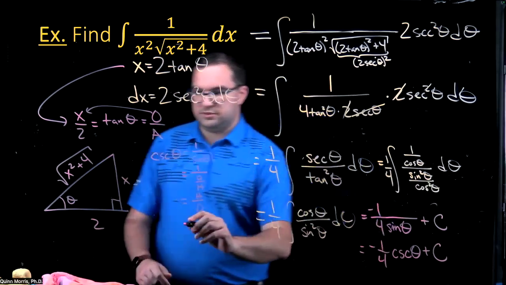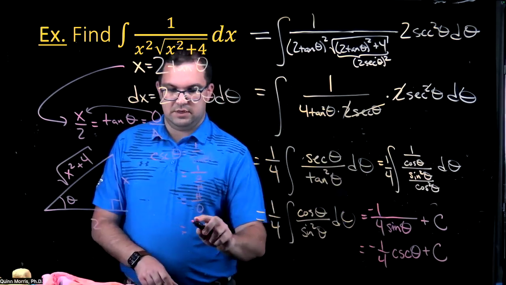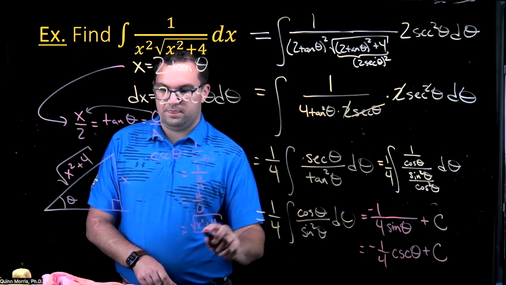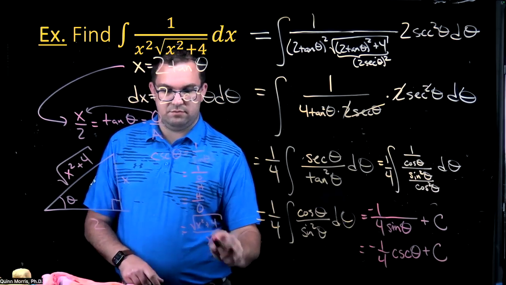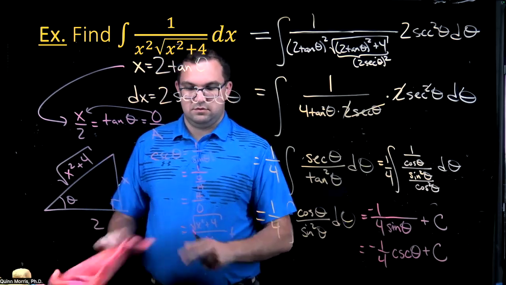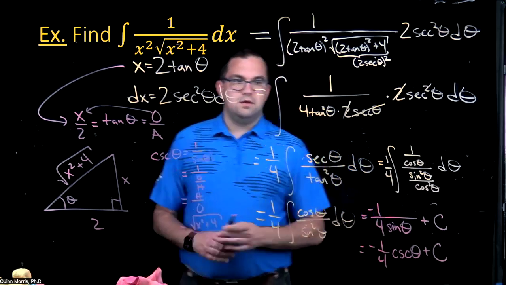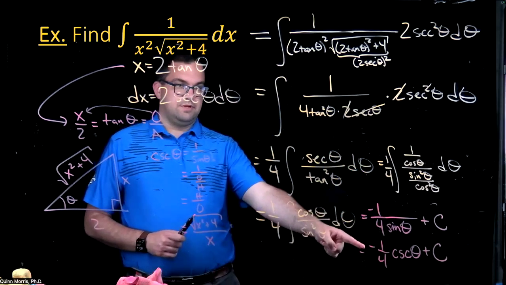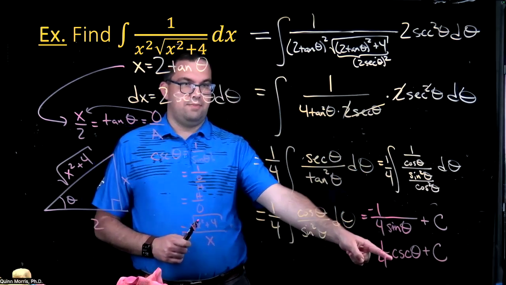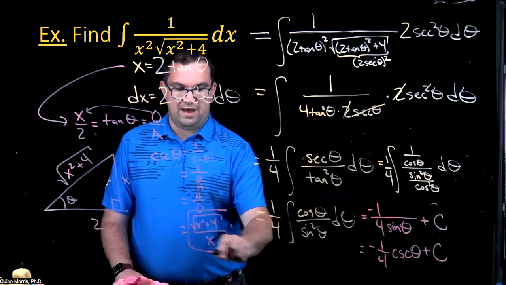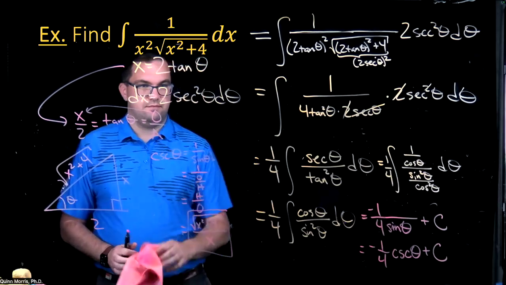So hypotenuse is square root of x squared plus 4 over opposite, which is x, and that's the value of cosecant of theta. And so now, to get my final answer, I need to substitute back in here for cosecant of theta the new value that I have for cosecant of theta, okay?